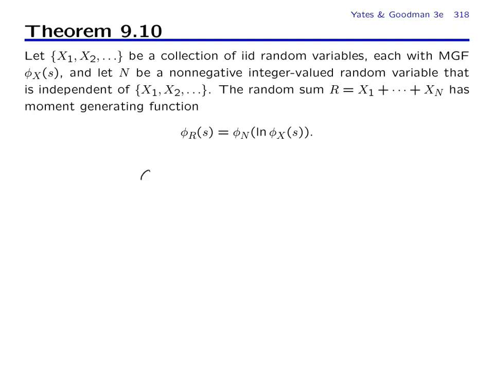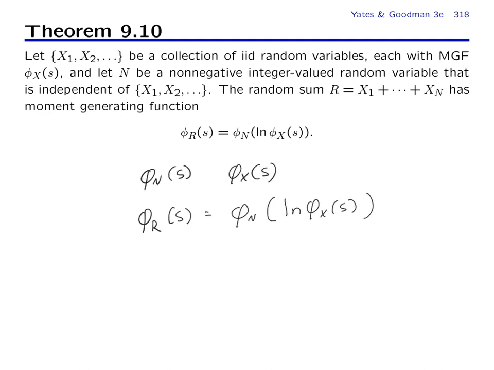If n has moment generating function phi n of s, and of course the xi's have moment generating functions phi x of s, then the random sum has moment generating function phi r of s, which is the composition of the moment generating functions.